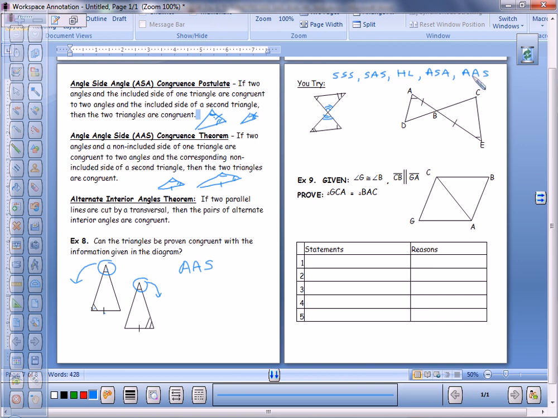Those are all our valid congruence postulates and theorems. Well, this is angle, angle, angle, or just angle, angle. So we cannot prove this congruent. We can prove these two similar, but not congruent.